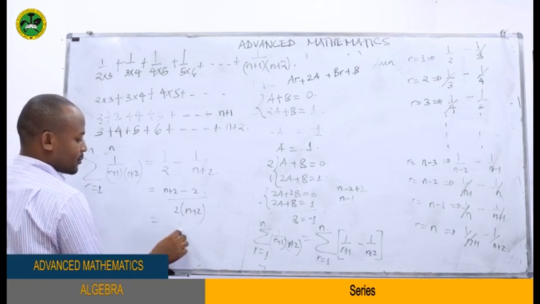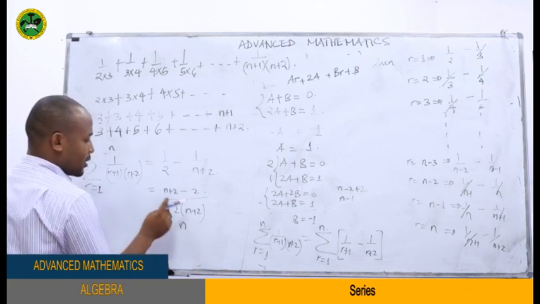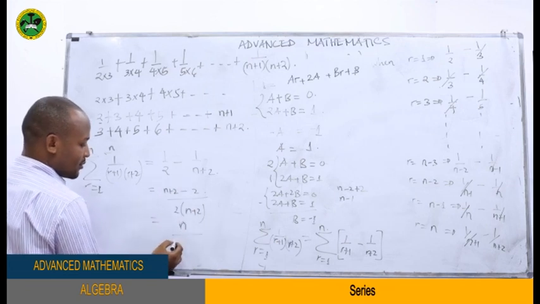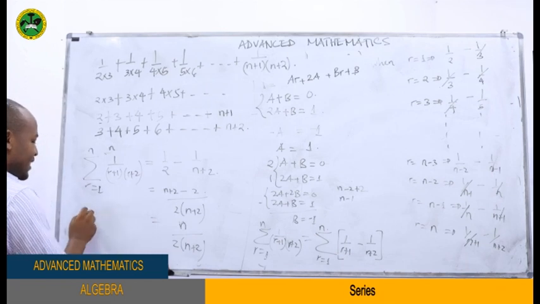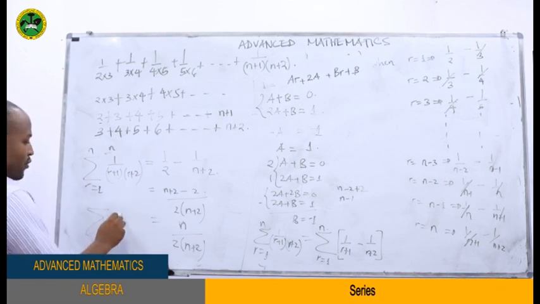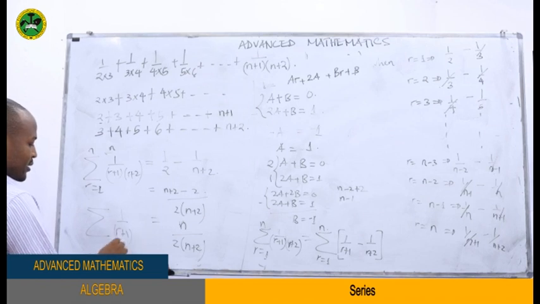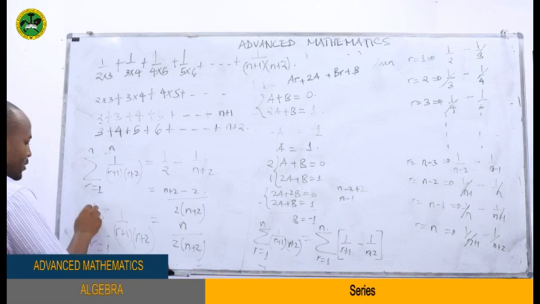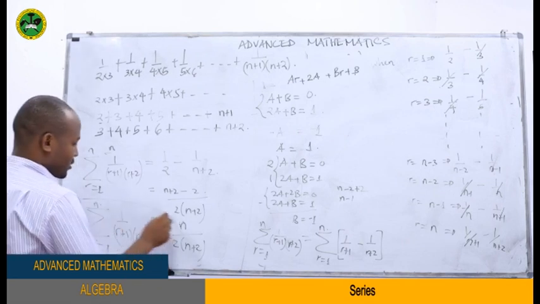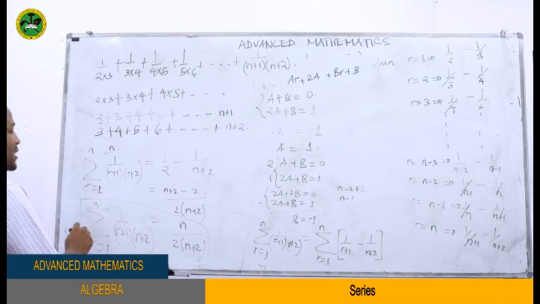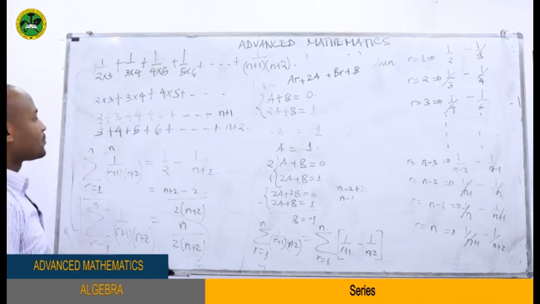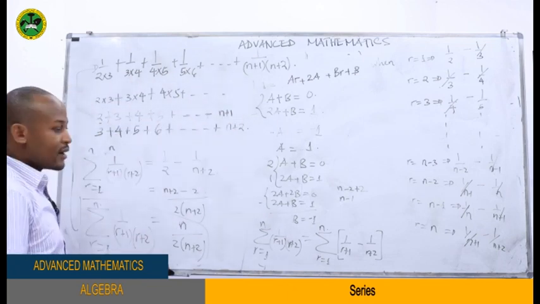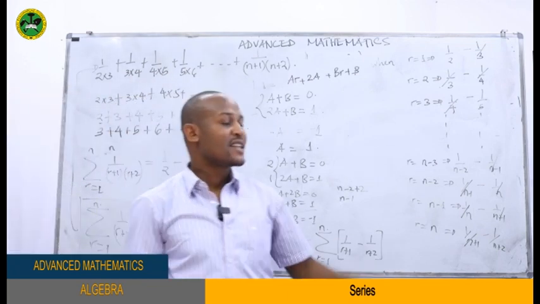Then 2 and 2 go. We are going to have 2n plus 2. So this is the summation of 1 over r(r+1) from 1 to n, and the result we obtain is the summation to the above series that was there. So this is how we sum such kind of series.